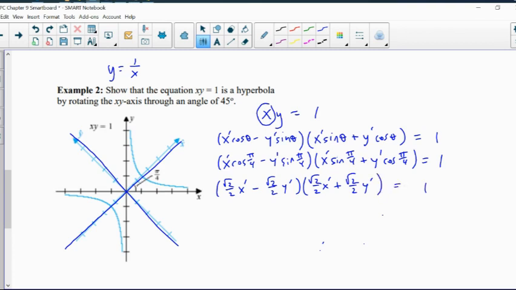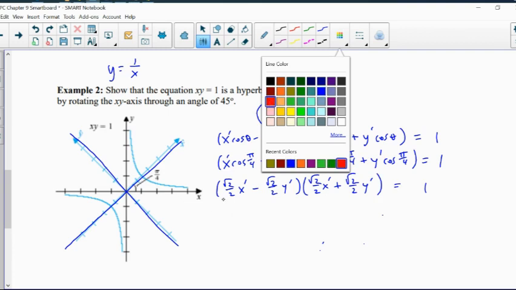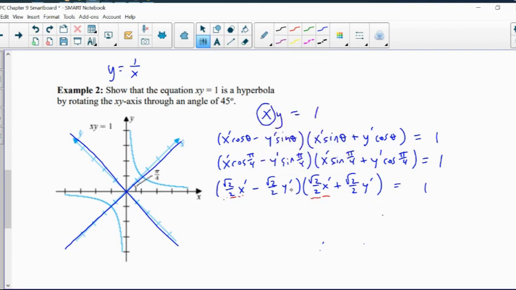So that equals 1. So let's multiply. This times this is root 2 times root 2, which is 2 over 4. So we get 2 over 4 x prime squared as a term. We have to be careful here with the squared, because I don't want it to look like the 12th power. And then we take this term times this term.